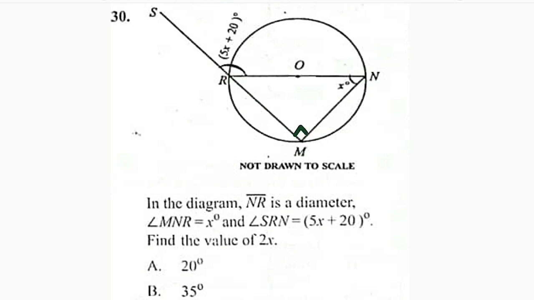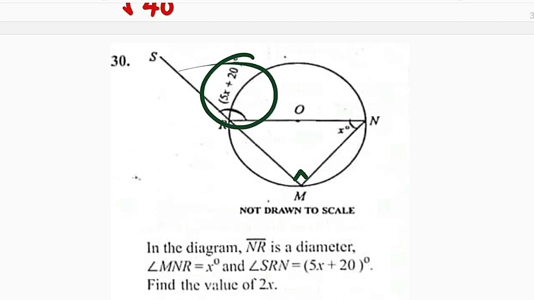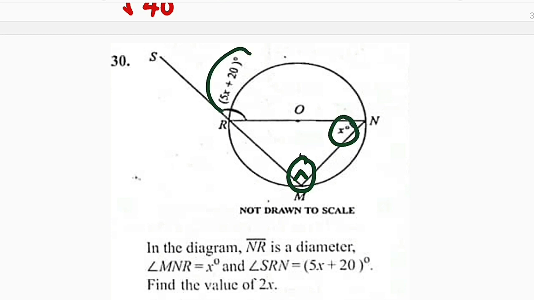So this is 90 degrees. And if you observe, this is an exterior angle of a triangle, which is always equal to the sum of the interior opposite angles. So this is 90 degrees plus x. It will give us exactly this angle according to one of the properties of a triangle.